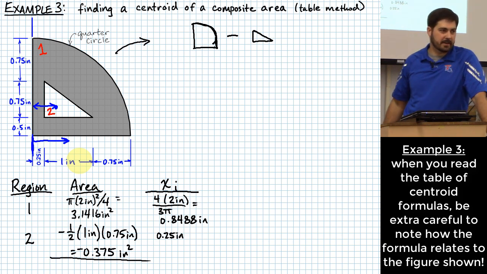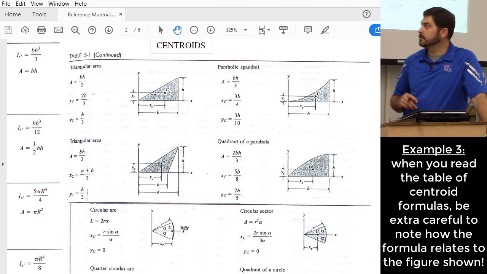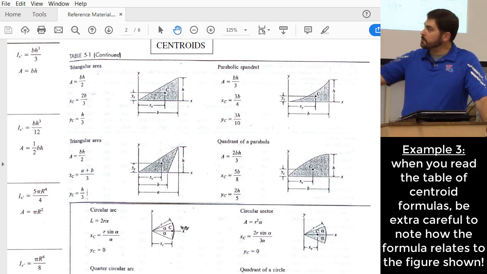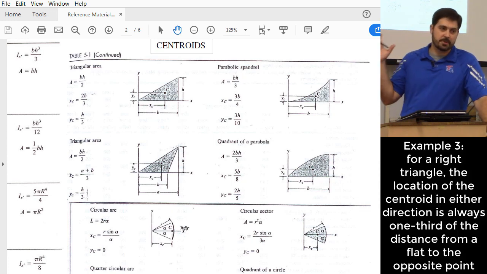What's wrong with that thinking? What direction is this triangle relative to the one in the reference material? Okay? They're opposite each other. And so what the reference material is saying is when you're in a right triangle like this, you find the centroid by going 2/3 of the way from a point of the triangle to a flat of the triangle. That would be the same thing as saying 1/3 of the way from a flat of the triangle to the point.